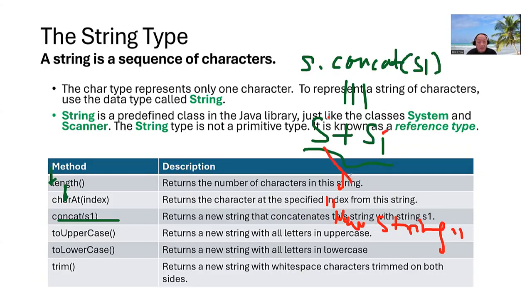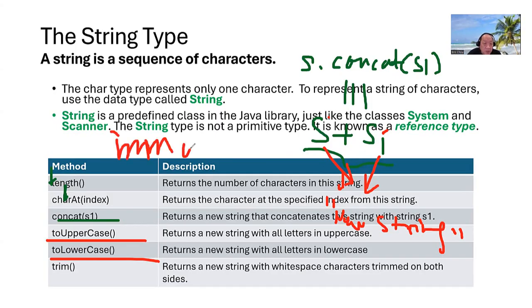It's copying the content of s and the content of s1 together to create a new string. toLowerCase also creates a new string. toUpperCase also creates a new string. Your original string will not be changed because string is immutable. String value cannot be changed. Whenever you use toUpperCase or toLowerCase, they always create a new string.